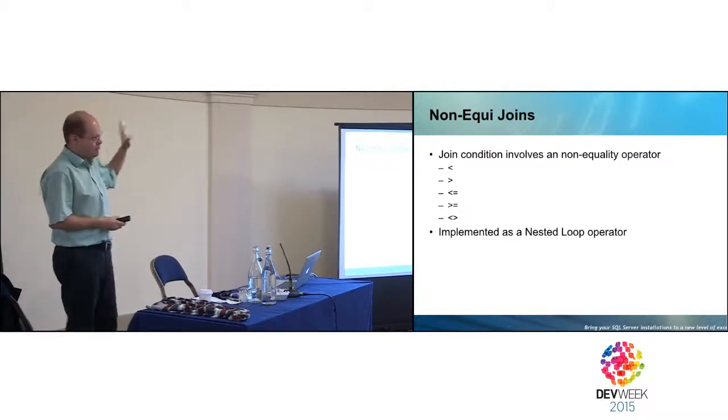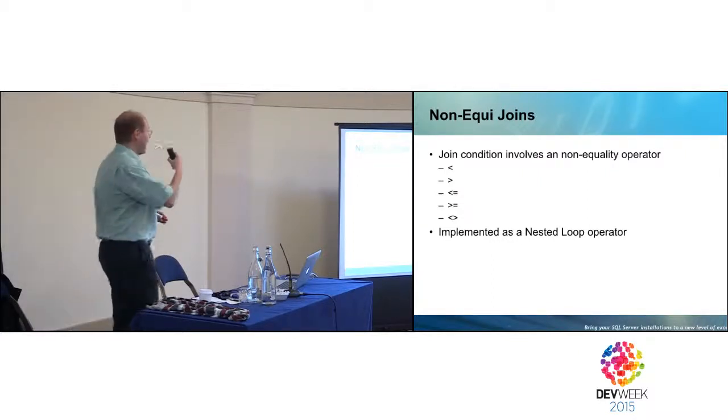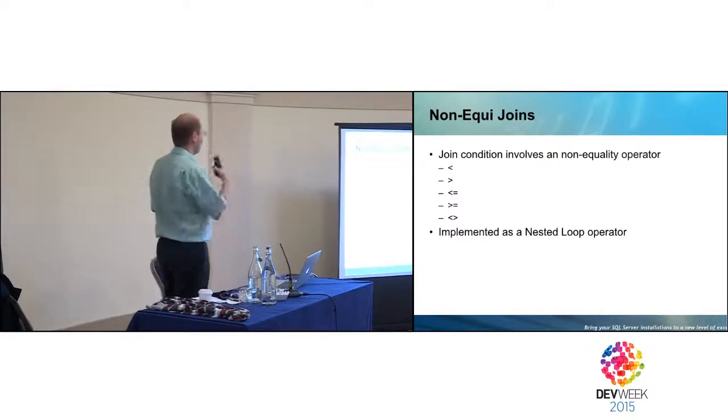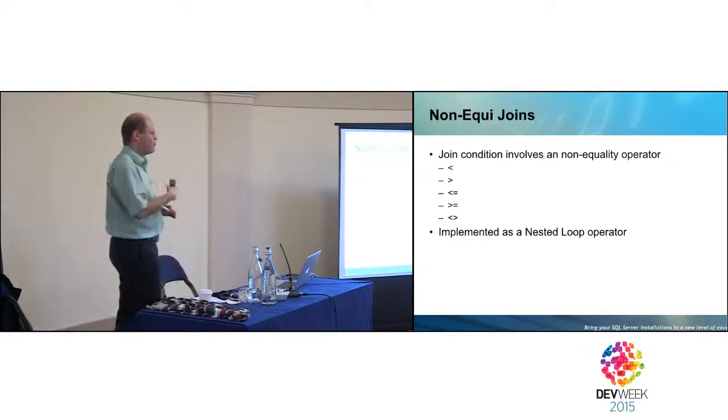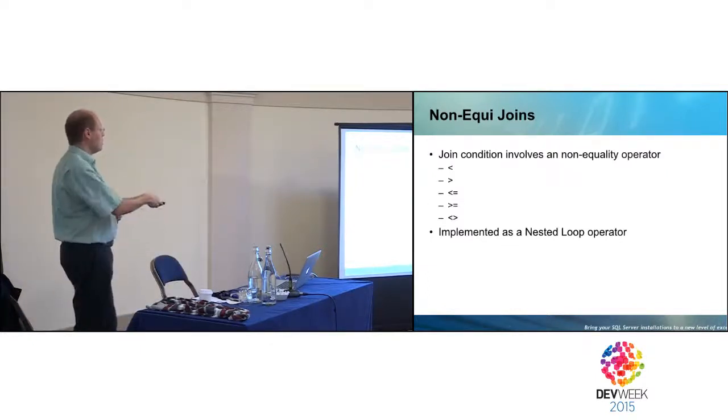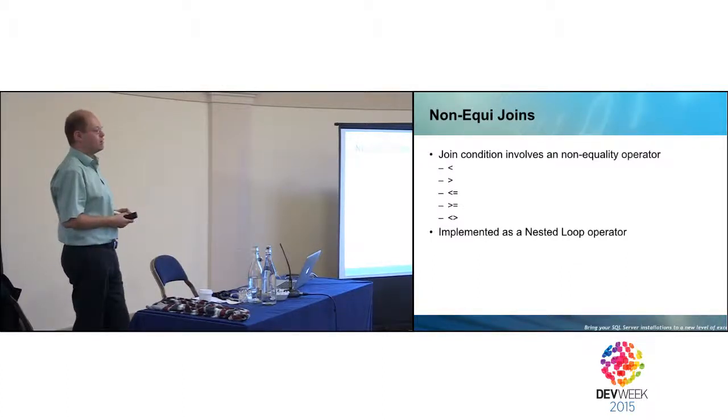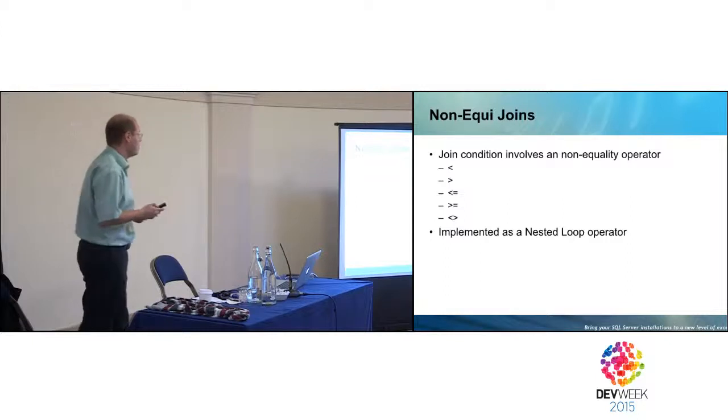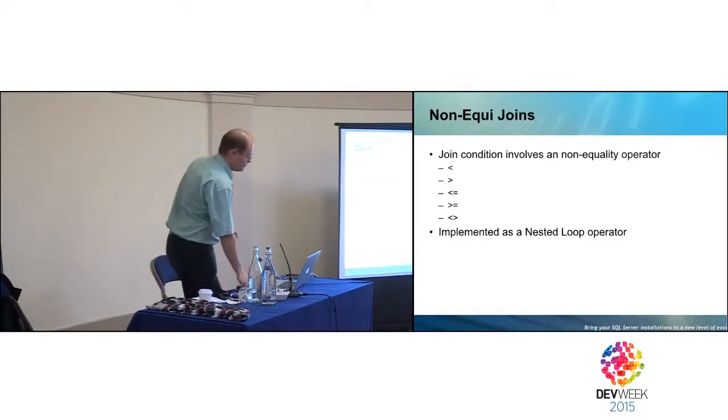It can be also very, very amazingly useful. And the most important thing here is when you perform a non-equijoin in SQL Server, on the physical level, we always have the nested loop operator. So SQL Server is not able to generate us a plan with a merge join or hash join. With a non-equijoin, we always get a nested loop operator in the execution plan.